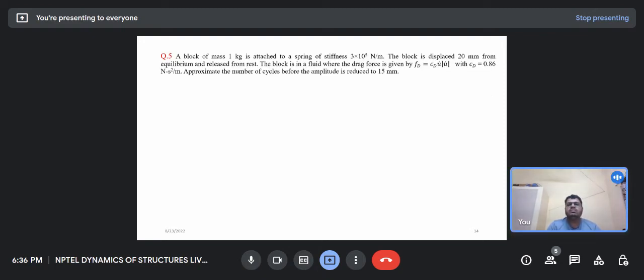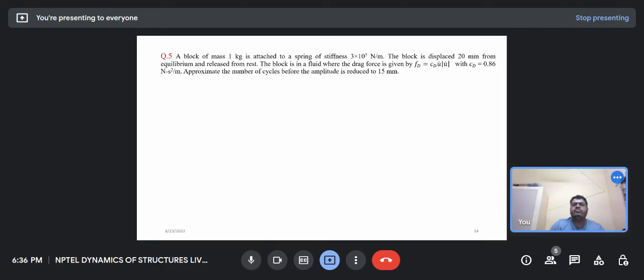You are given a question: a block of mass 1 kg is attached to a spring of stiffness 3 into 10 raised to power 5 Newton per meter, and the block is displaced 20 mm from equilibrium and released from rest. The block is in a fluid where the drag force is given by Fd equal to CD times u dot times mod u dot, with drag coefficient CD given as 0.86 Newton second square per meter.